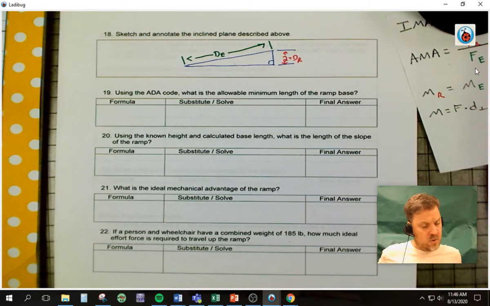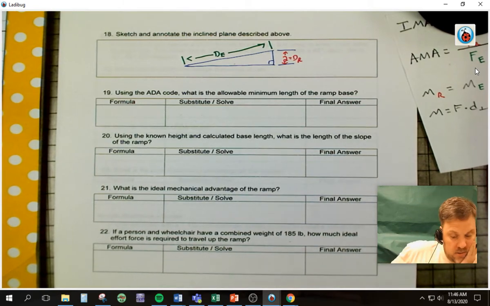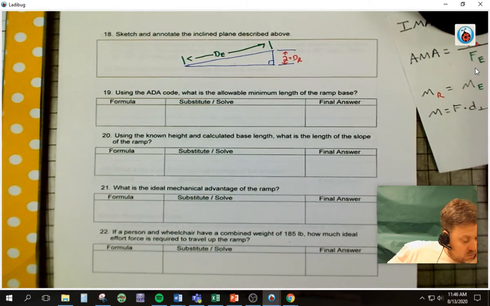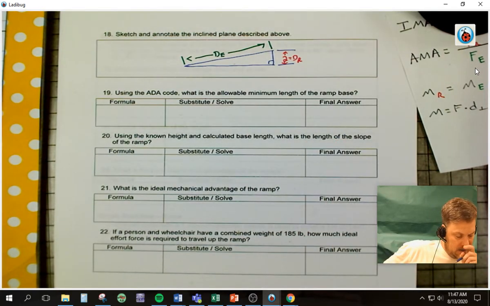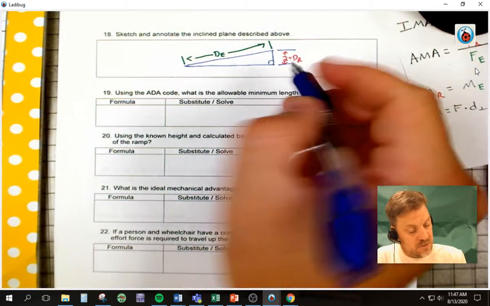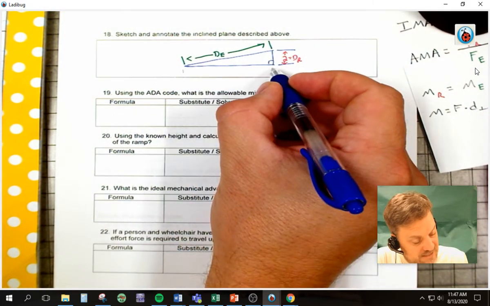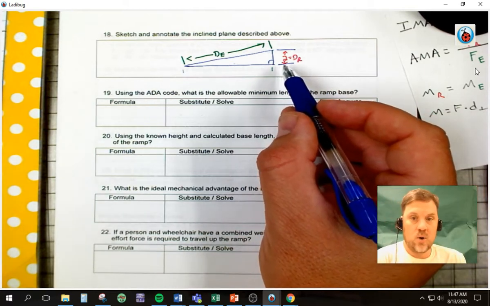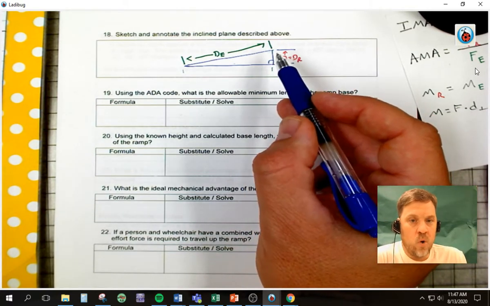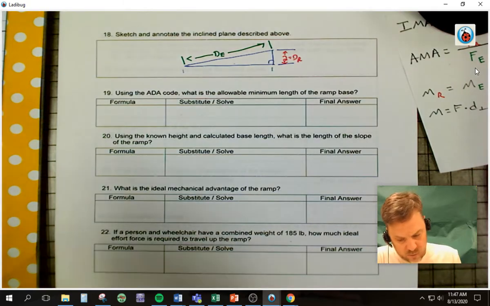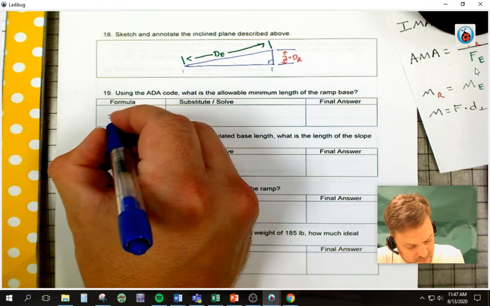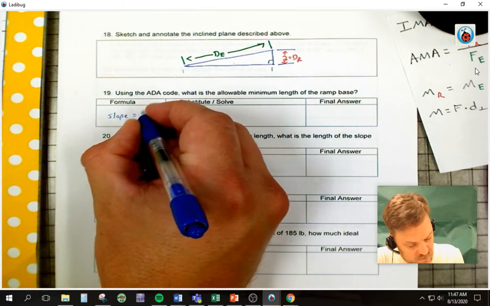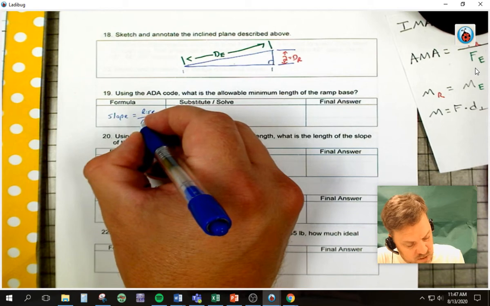So the next question says, using the ADA code, remember that's 1/12, okay? What's the allowable minimum length of the ramp base? Well, it's asking me to solve for this distance here. So remember, I can only go up 1/12 feet. So our formula is going to be the slope is equal to the rise over the run.